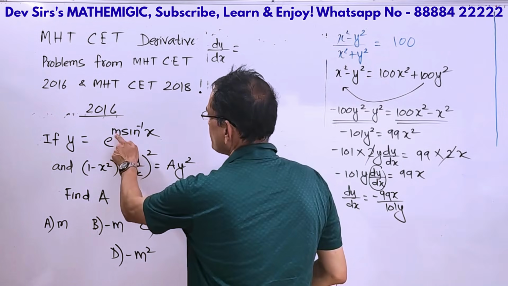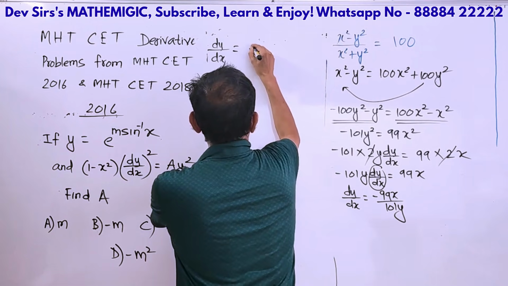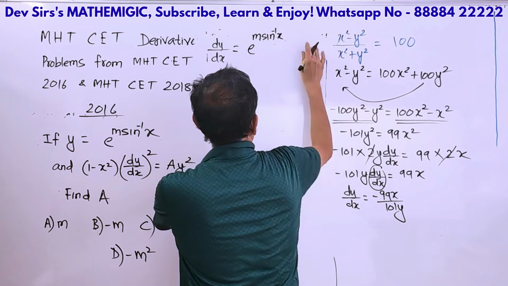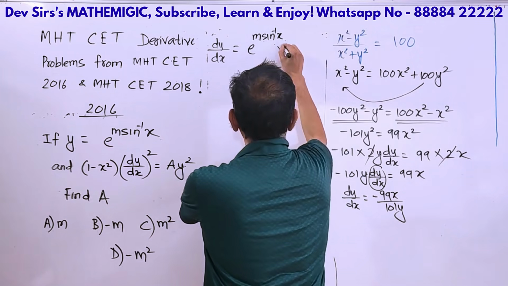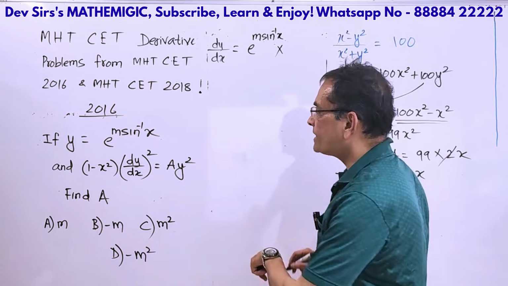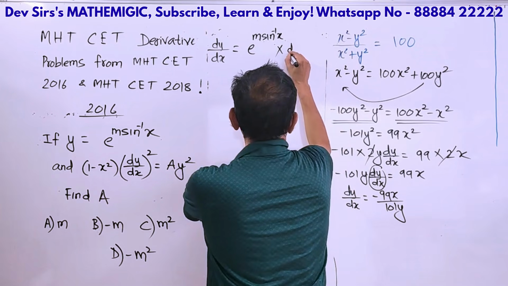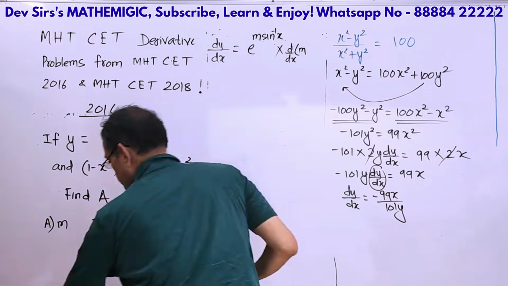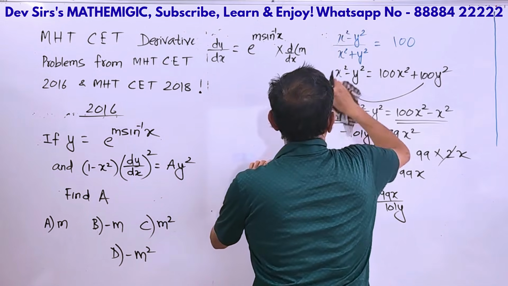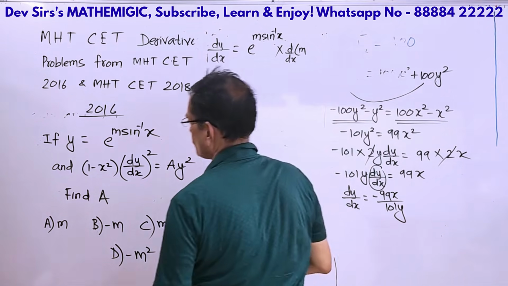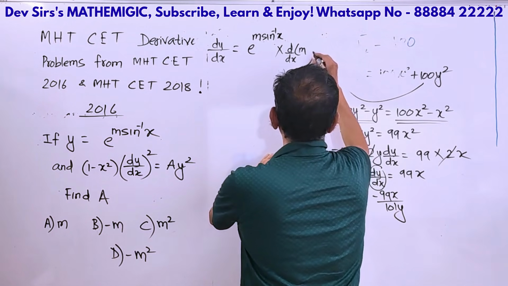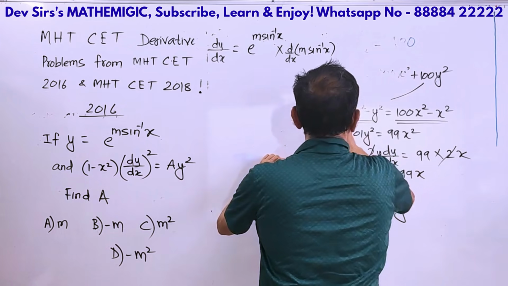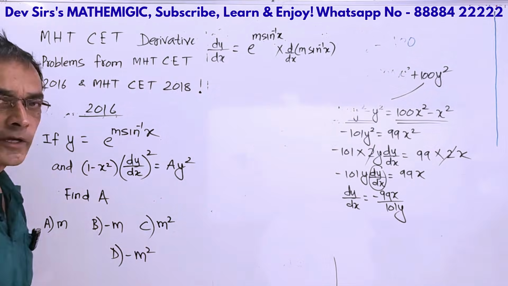So derivative of e raised to m sin inverse x is e raised to m sin inverse x, same, into d by dx of m sin inverse x. Okay, chain rule.